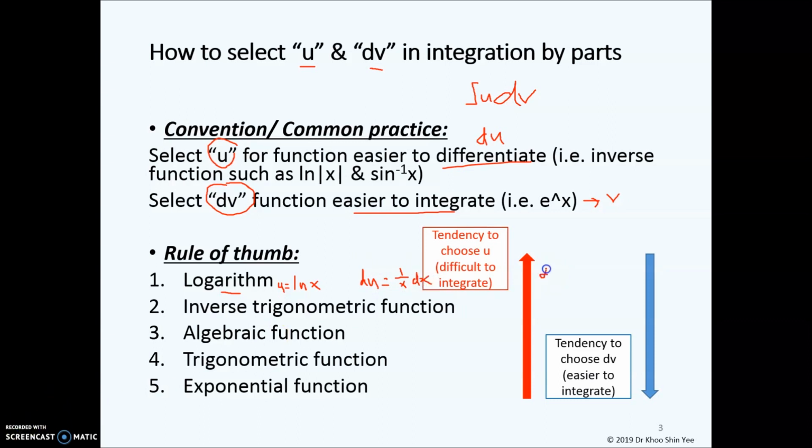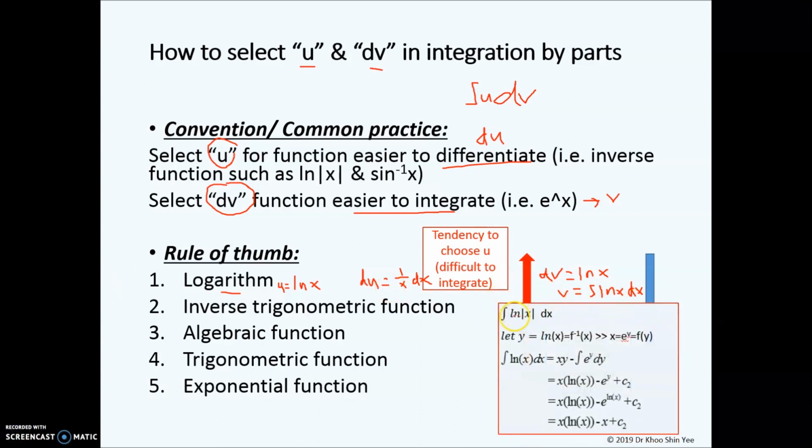Normally we wouldn't choose dv for a log function. Let's say you choose dv for ln x, then you have to find v by using integration. You have to integrate ln x. You can see that integrating an inverse function is not that straightforward.